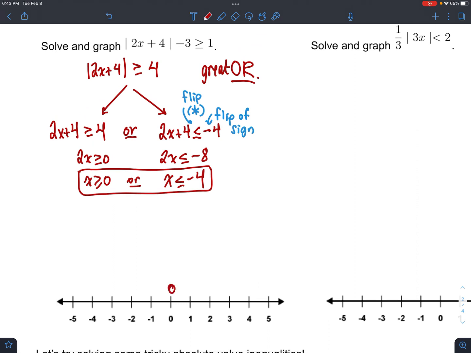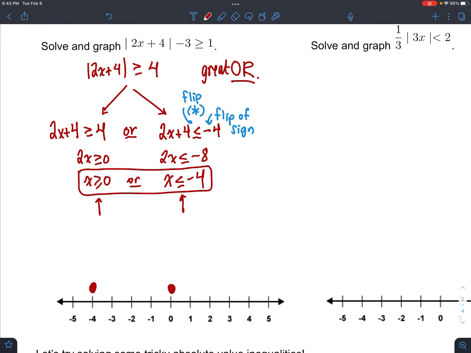If I want to graph this, I would first plot my 0 and my -4 with solid dots because we have the underline, the or equal to. And I'm going to look at my inequality signs here and here as my arrows that are going to point to where I need to go.